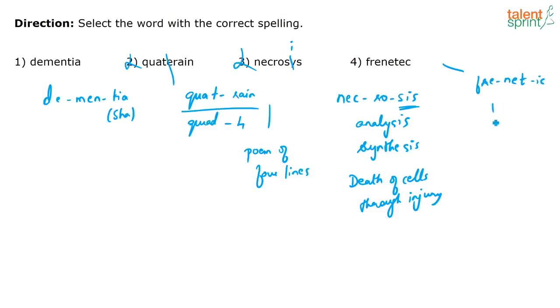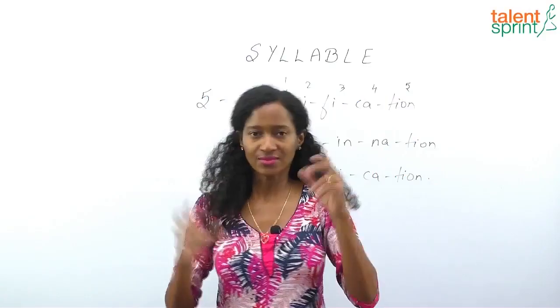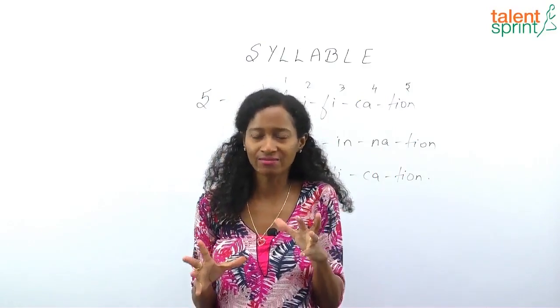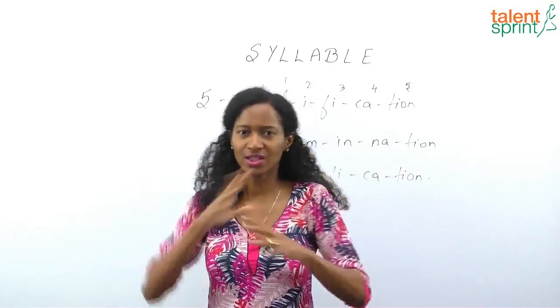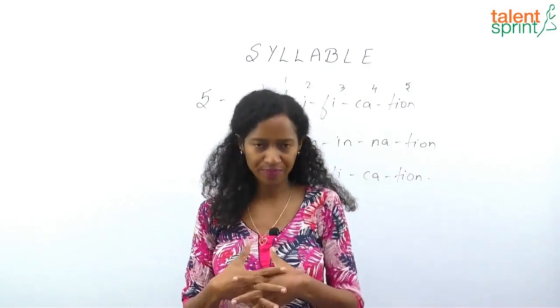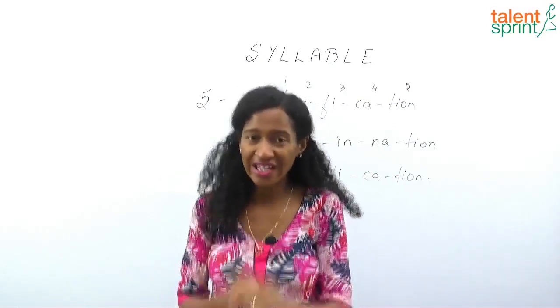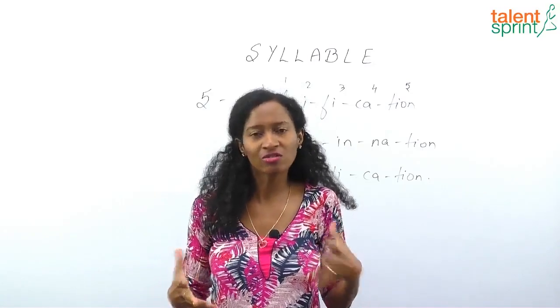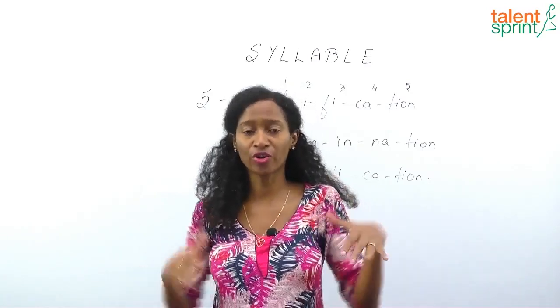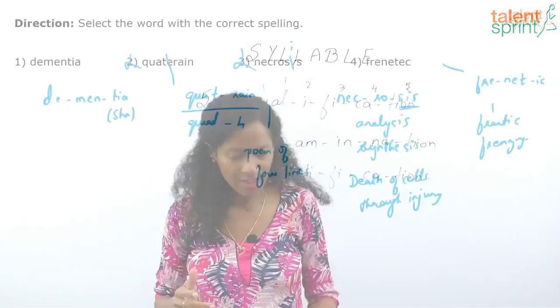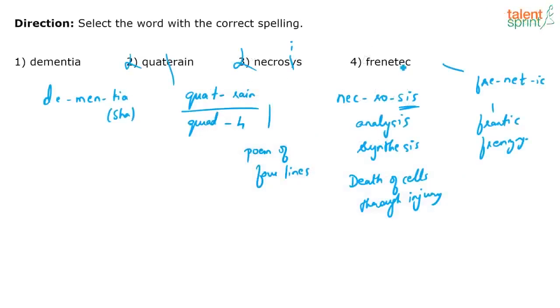It actually comes from the word frantic. Have you heard of frantic at least? Or frenzy? To be in a frenzy means you're wildly excited. You're doing everything frantically. Maybe you have to attend a conference, you're late, your cab didn't come, something's gone wrong, you're in a frenzy, frenetic. So it's I-C and not E-C, okay?